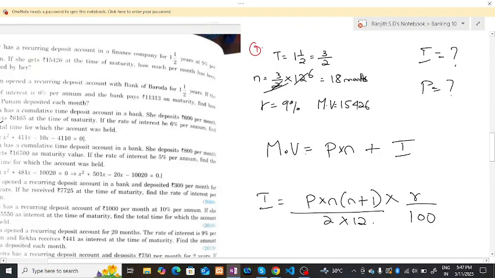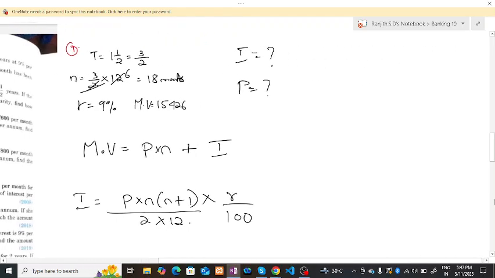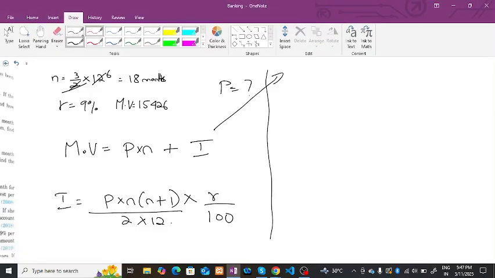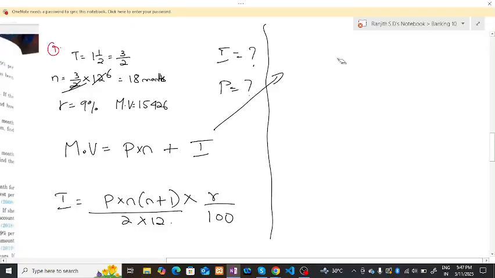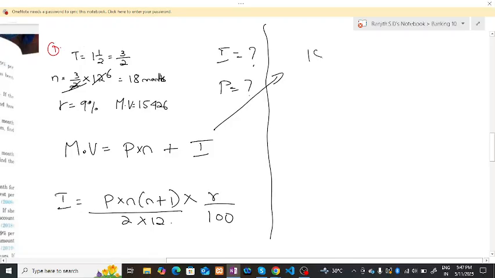Now, let me take the first equation. MV is equal to P into N plus I. What is the value of MV, the maturity value? 15,426 is equal to P into N plus I. Principal is not given, so keep P as it is; don't take it as X or 100.